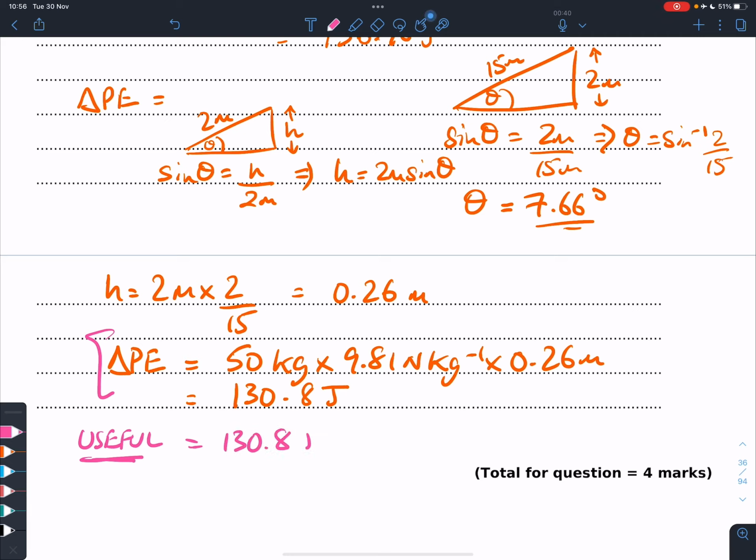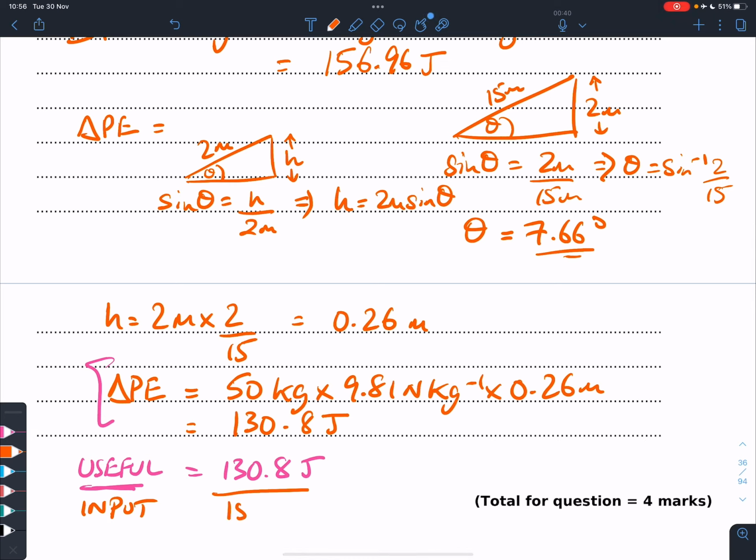So the useful energy we got out was the potential energy that the block gained, which is equal to 130.8 joules, and the total energy, or the input energy, was equal to 156.96 joules. So if we say that as a percentage or a fraction, we should find that we get about 83%.